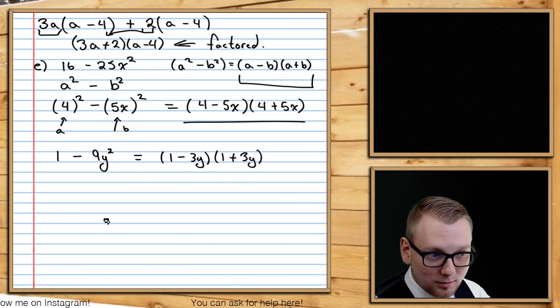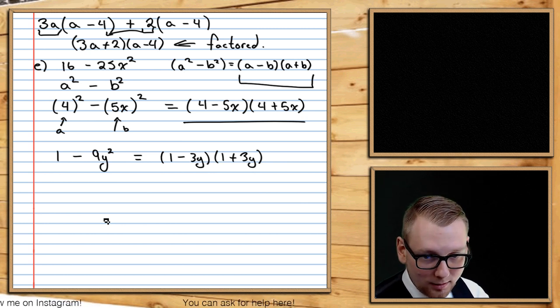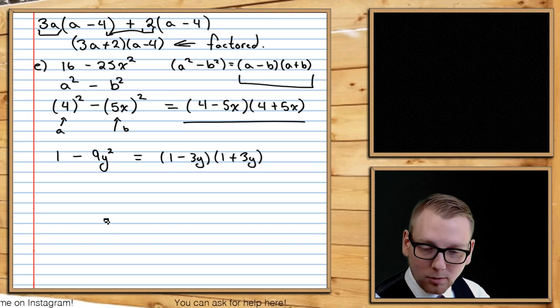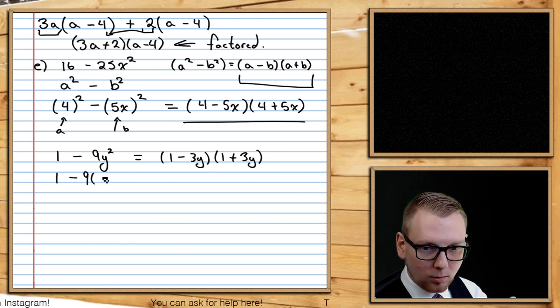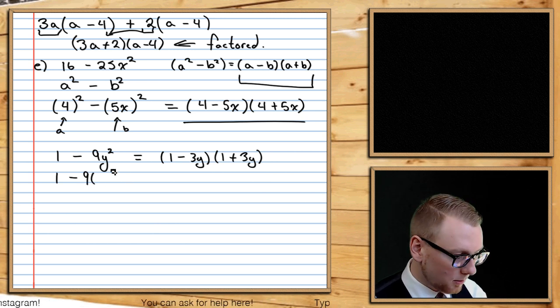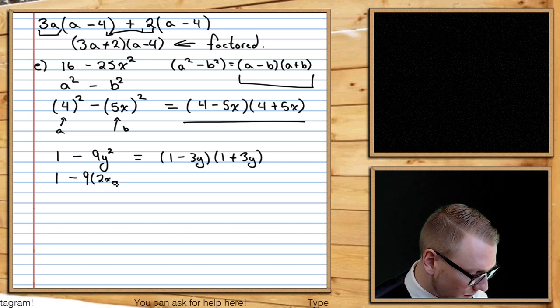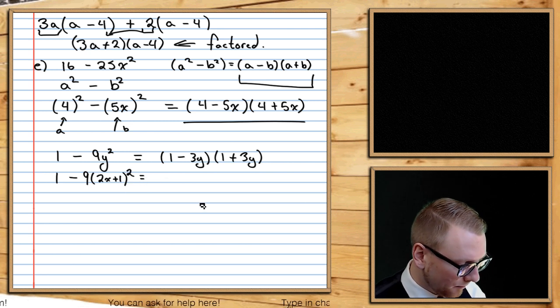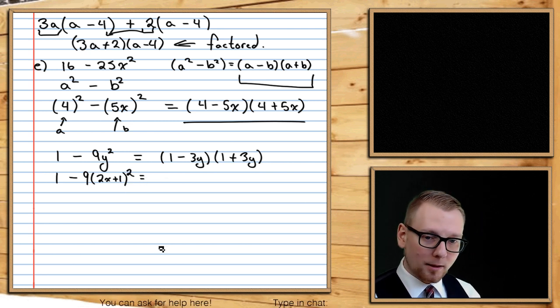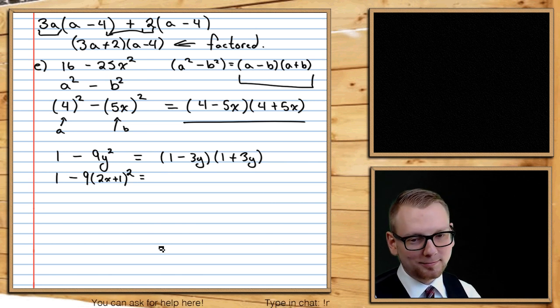What if we just rewrite y and do this again? So this is 1 minus 9, but instead of y squared, we're going to have 2x plus 1 squared. Now, what do you have?